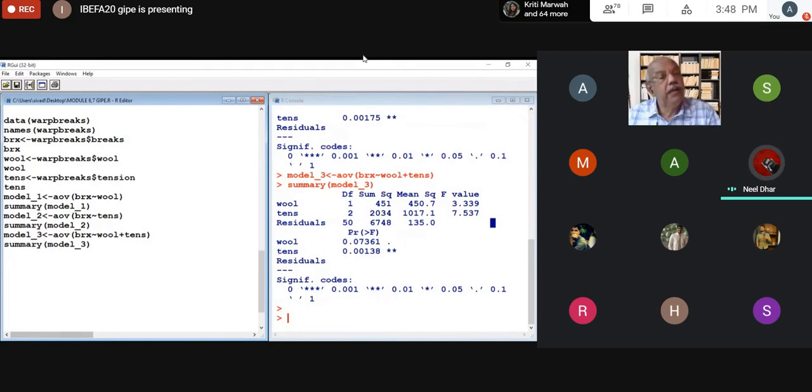That the mean breaking strength because of wool is similar, there is no significant difference in average breaking strength between type A and type B wool. And the second one, that the mean breaking strength under the levels low, medium and high are significantly different. Okay, thank you, sir.